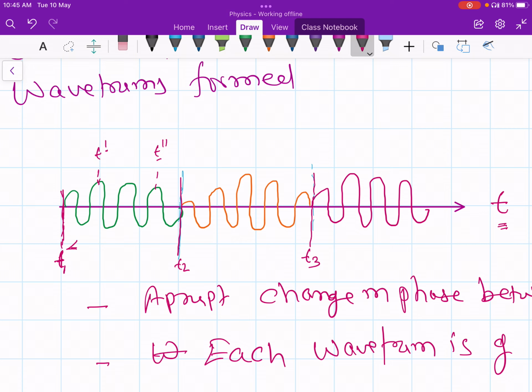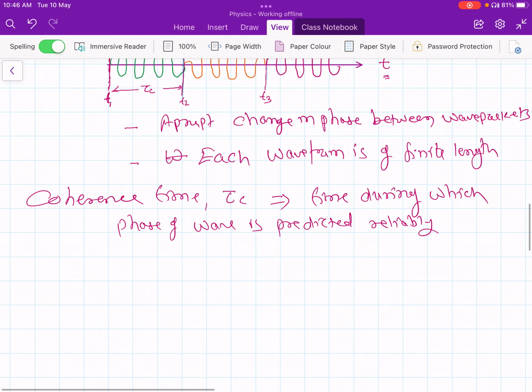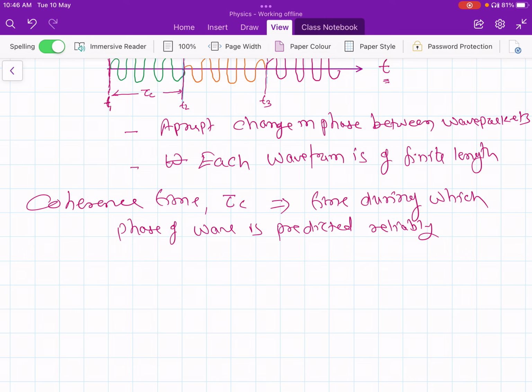So this time, from t1 to t2, is the coherence time, and in this time you can predict the phase reliably. If you know the phase at instant t1, then you can predict the phase at some later instant t2. Then that time is called the coherence time. So, as the definition, coherence time is the time during which the phase of the wave is predicted reliably.